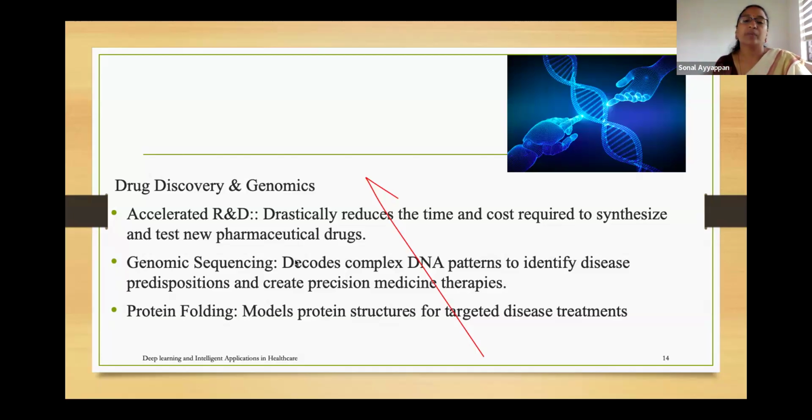Nowadays it is not a time when you can put a trial and error method on the patient and then find out whether it is applicable. So deep learning helps us find out whether that particular medicine is applicable for that patient's DNA pattern. If yes, it can be given, or else no.